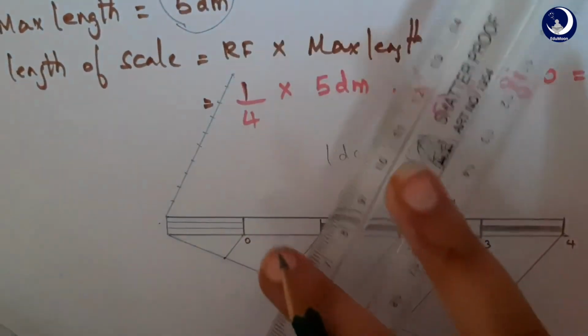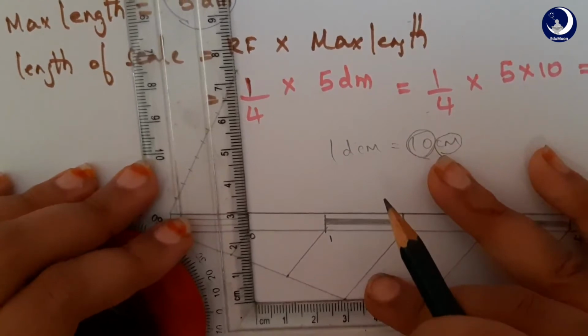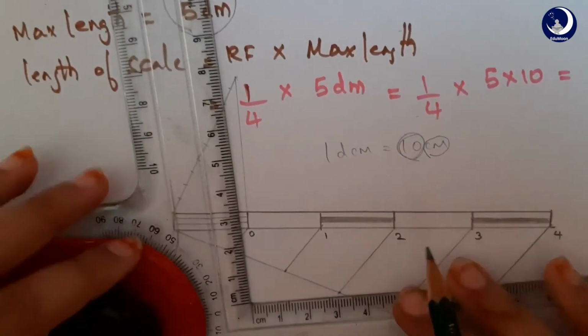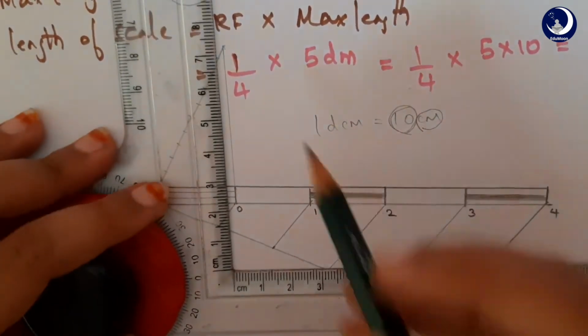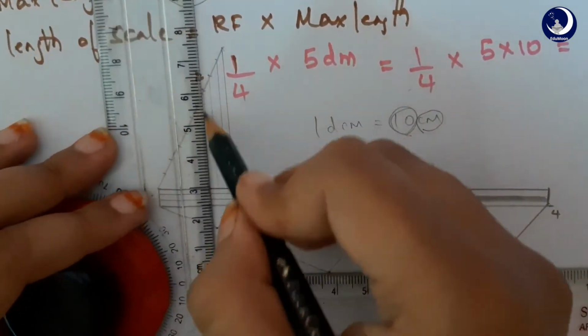And I'm going to join the last point to the last point of this. And I'm going to fix my drafter parallel to the last line. And I'm going to draw all the lines from all the points.